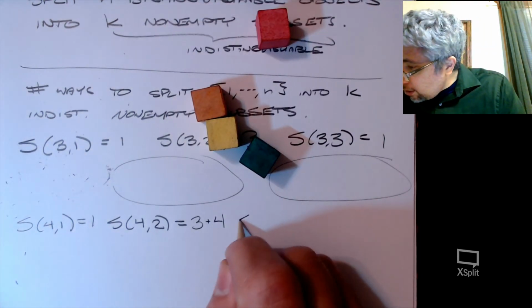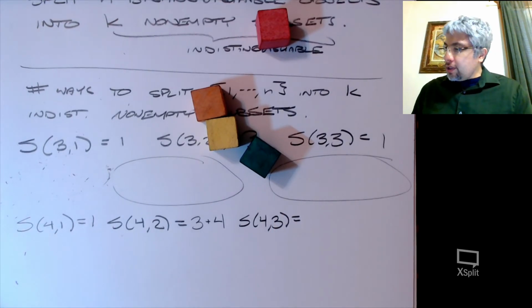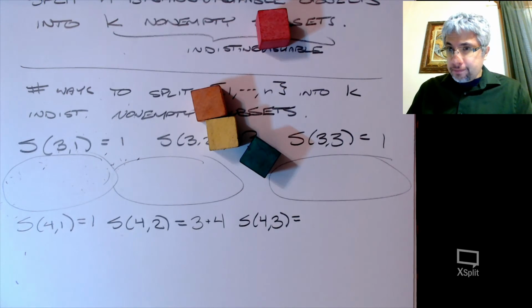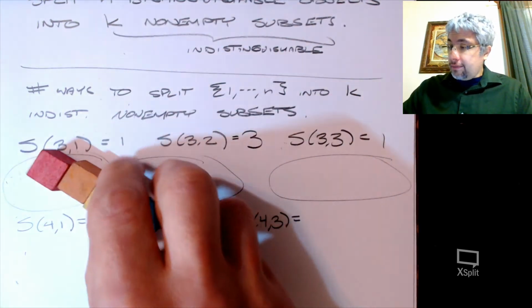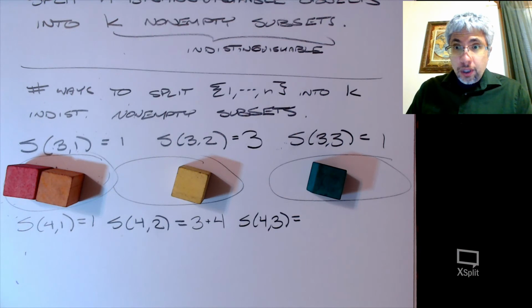Okay, S4,3. Now I have 3 subsets. They must be non-empty, so I can't have any empty ones. I have to have 2, 1, and 1.